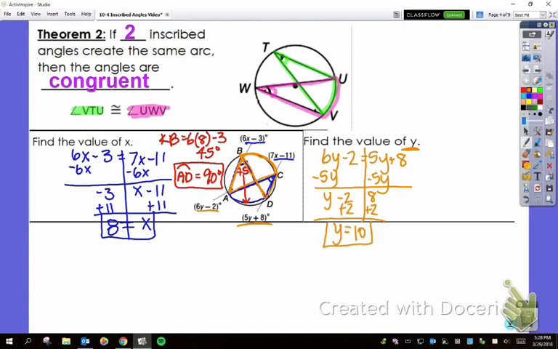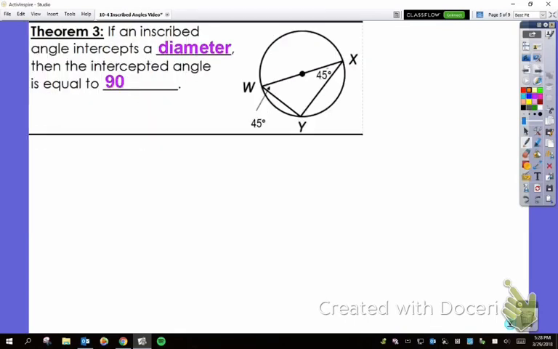Alright, so on to theorem number 3. If an inscribed angle intercepts a diameter, then the intercepted angle is equal to 90 degrees. So here's what we're talking about. On this picture, we know that the diameter would be WX because it goes through the center. So we know that this arc here has 180 degrees.